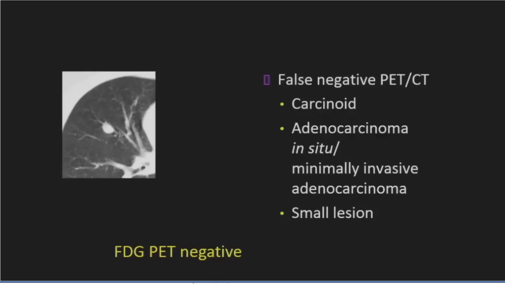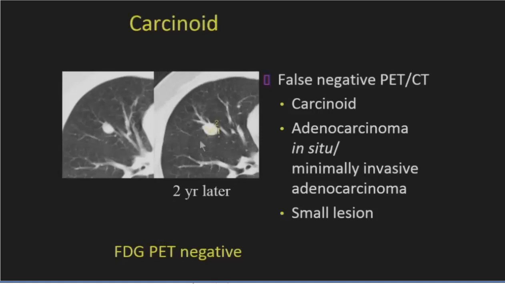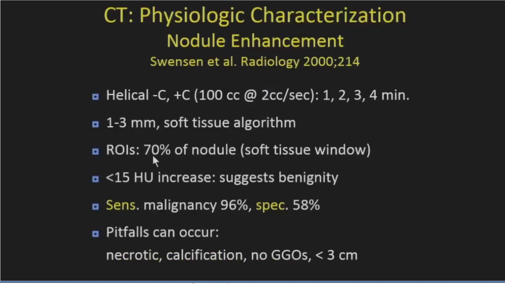And here's an example of a smoothly marginated lesion that was PET negative but was followed up, showing how this intervally changed and was ultimately resected. And this is the pitfall of the carcinoid tumor, which is known to be PET negative a good amount of the time, particularly when typical. And so therefore we do recommend follow-up of benign lesions determined by PET to avoid false negative diagnoses for malignancy.